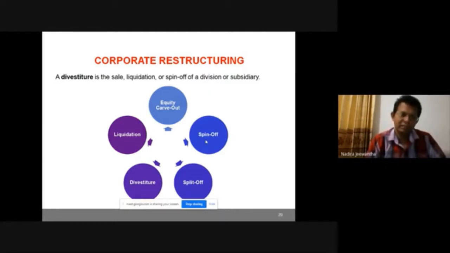So the existing shareholders are not willing to put additional money.